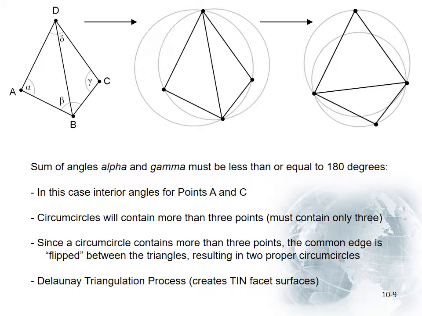It's trying to optimize that. So there's a lot of calculations that go on that get discarded that we don't find in the final product. That's the whole point of this slide: the algorithm is analyzing, it's making determinations, it does things and says, well, no, this doesn't work, we have to fix it, so here's how we fix it, and then we get the final output from that, which is the triangulated irregular network.